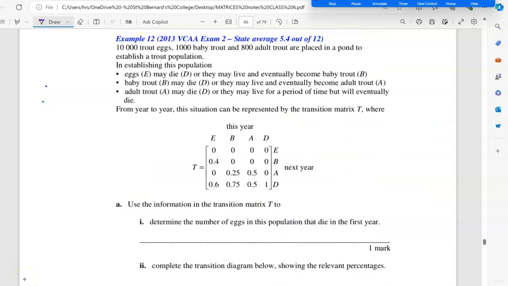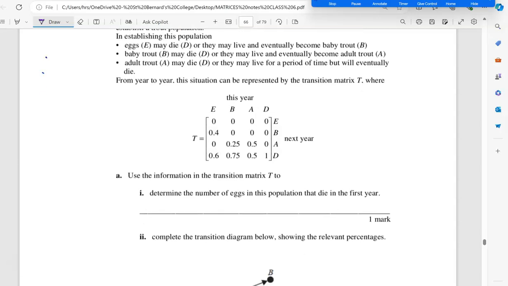Okay, so 10,000 trout eggs, 1,000 baby trout, and 800 adult trout are placed into a pond and establish a trout population. So the eggs may die, or they can become baby trout, or they become adult trout. And here's a transition to show how they are working.